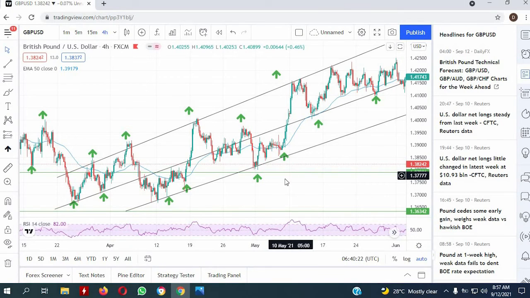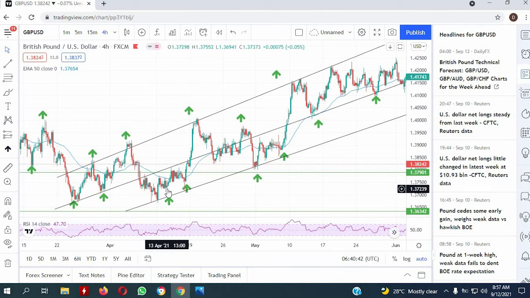Print screen. So we're having a trend within a trend right here. So higher high, higher low, higher high, lower low. So we wouldn't make any trade right here.